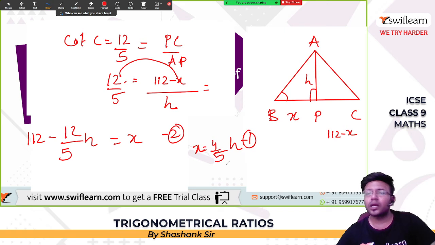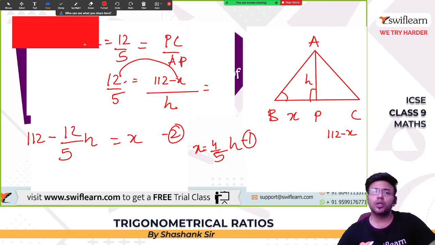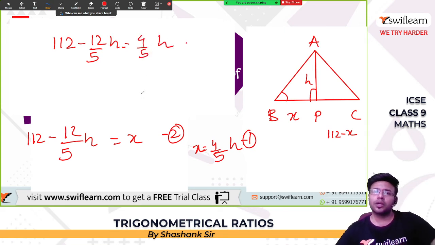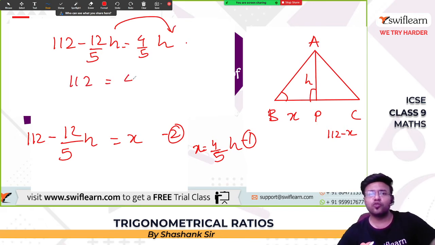Equate equation 1 and 2, and you will get the height, the length of the perpendicular. So 112 minus 12 by 5 H is equal to 4 by 5 H. Take this side, so we have 112 is equal to 4 by 5 H plus 12 by 5 H. H by 5 is common, so 12 plus 4 is 16. 16 by 5 H is 112.